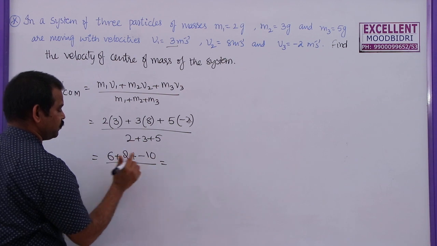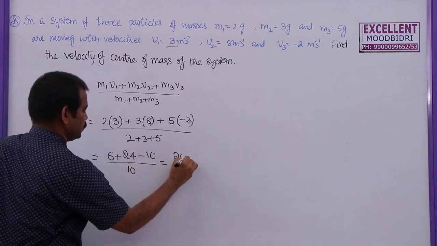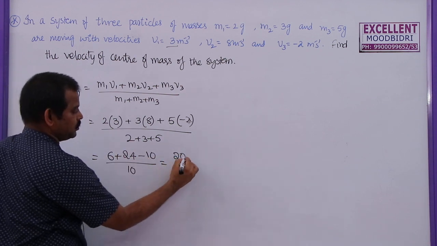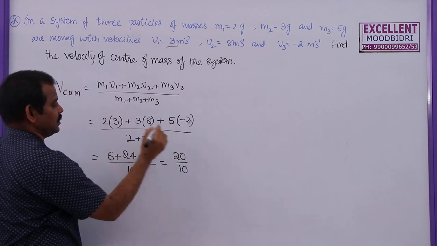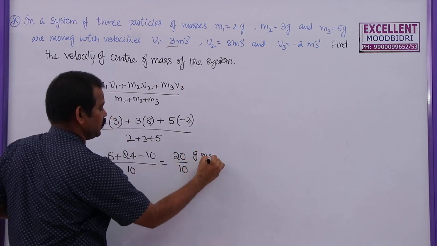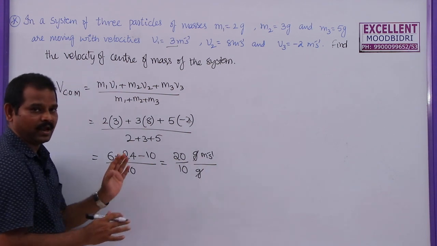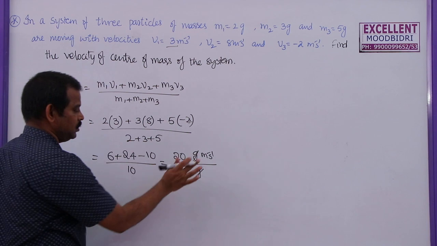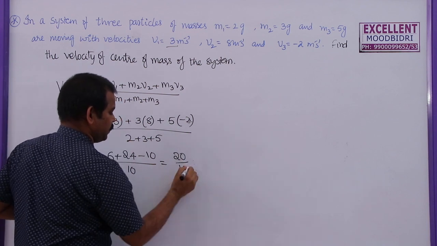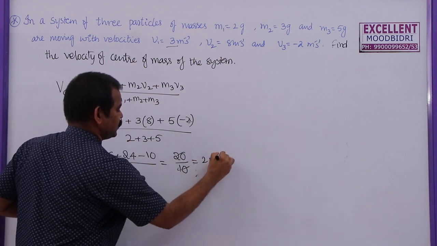So this is 14 plus 6, 20 by 10. Remember students, this is the product of mass and velocity, that is gram into meter per second, divided by gram. Gram gets cancelled. That's why I did not convert these grams into kgs. So now this will become 2 meter per second.